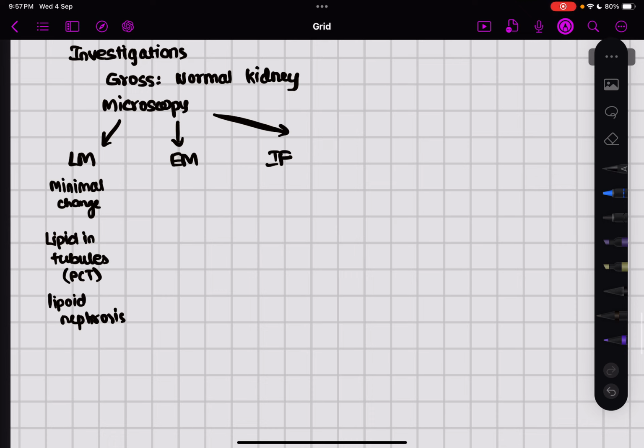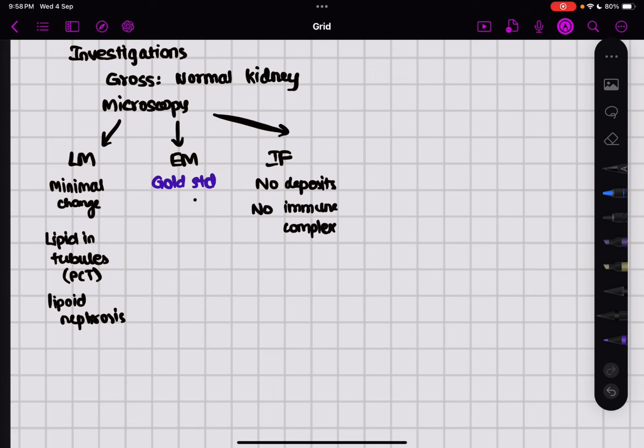And under electron microscopy, which is the gold standard, we can see the changes, because in immunofluorescence we see nothing, no deposits, because there is no immune complex formation.